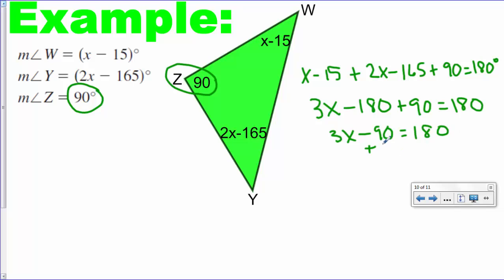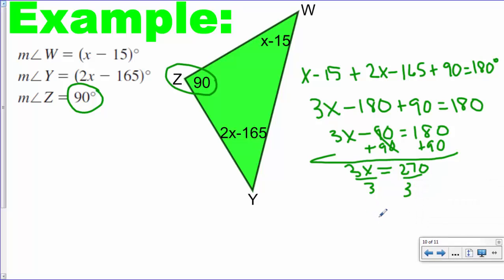Add 90 to both sides. 3x equals 270, divided by 3. So x equals 90.